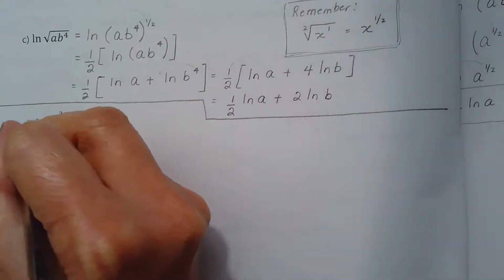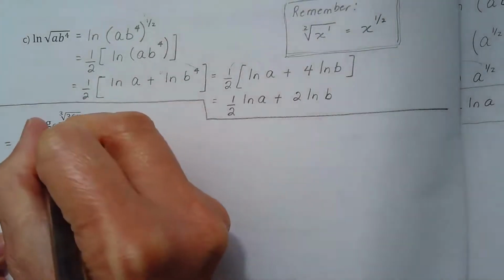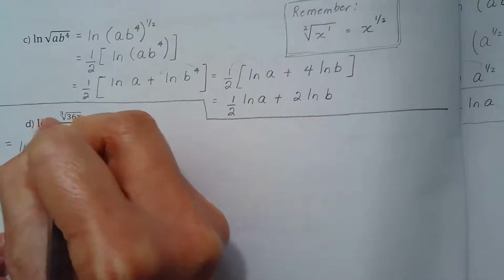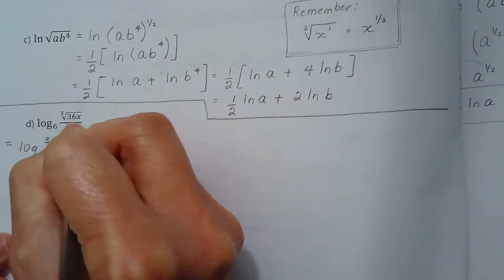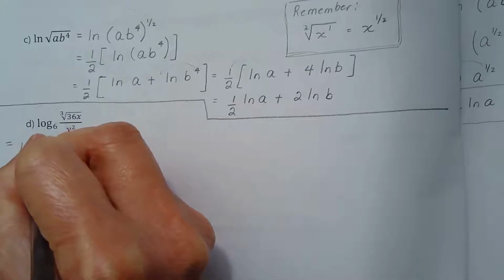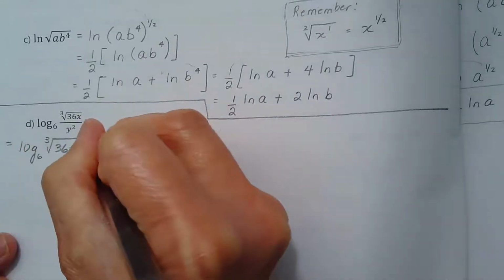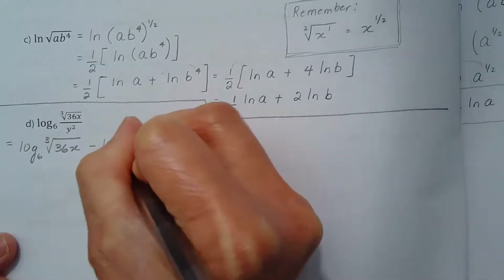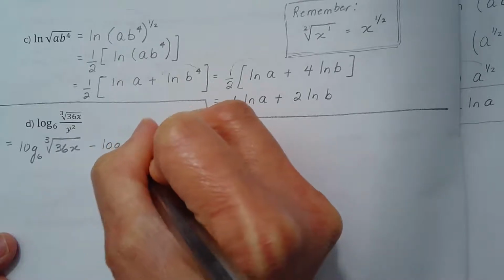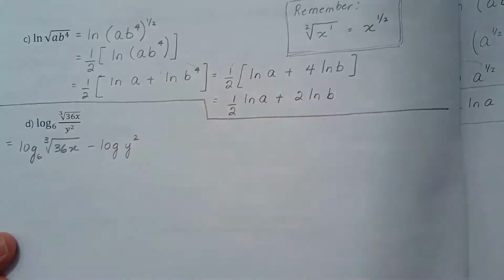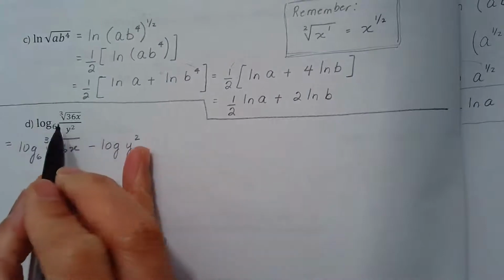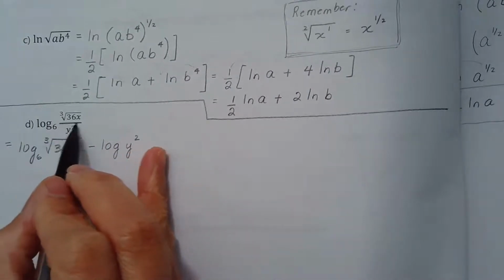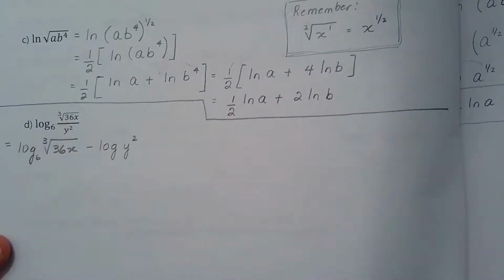So we can say log of cube root of 36x, base 6, minus log of y squared, base 6. So the first thing that I'm doing is dealing with this division there.